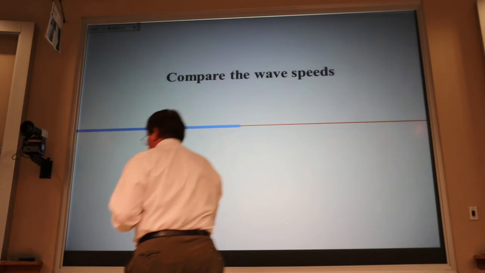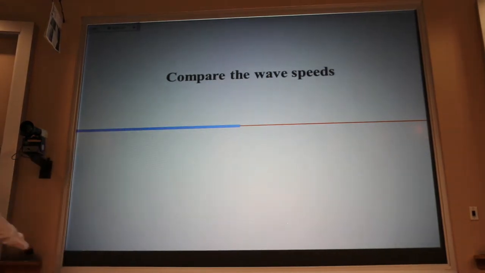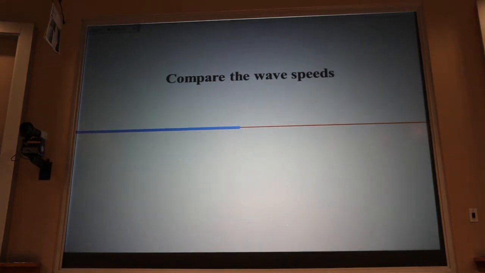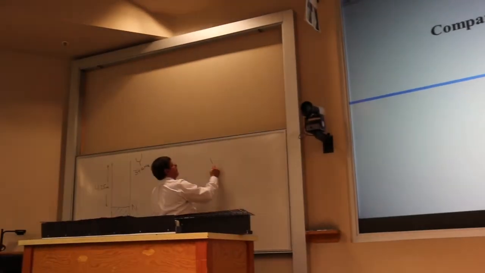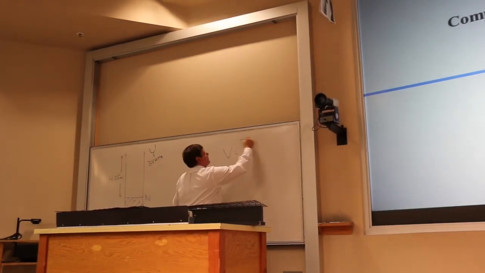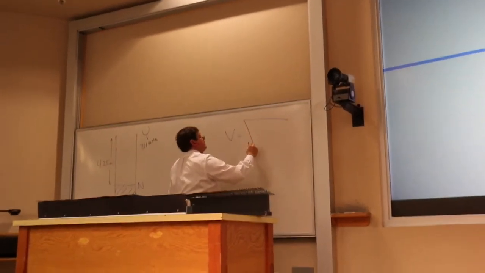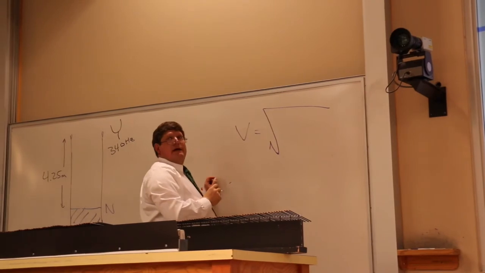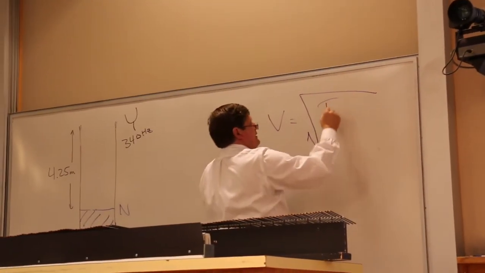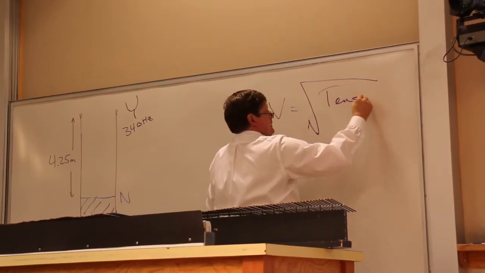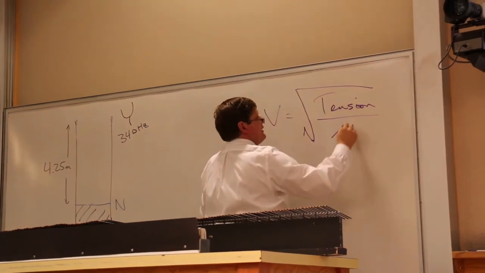Now we can argue that either from an equation or from our common sense. If we use the equation for a pulse speed on a transverse medium, like a spring, it's going to be the tension divided by the mass density.